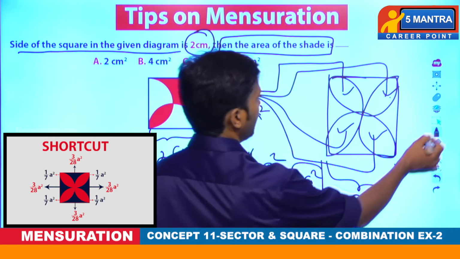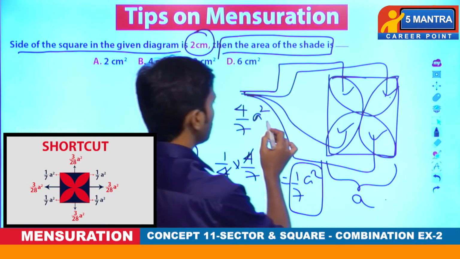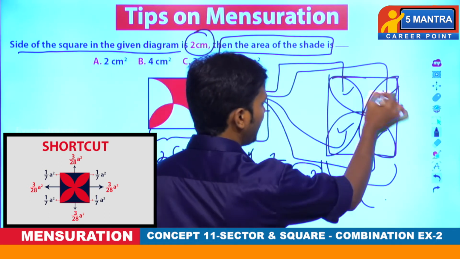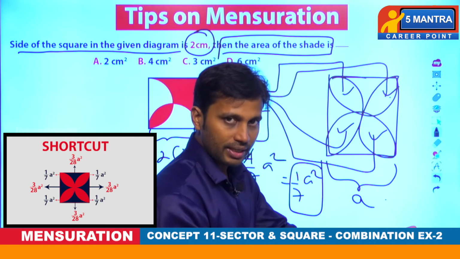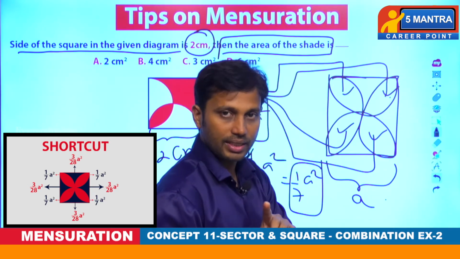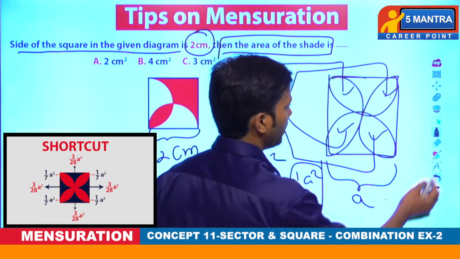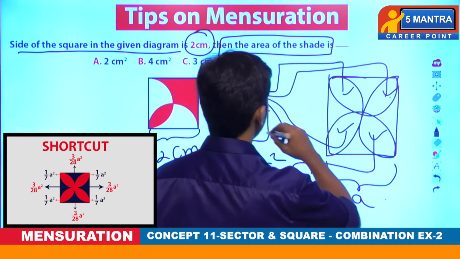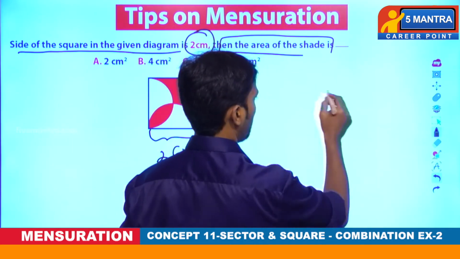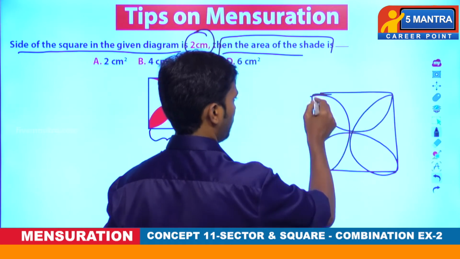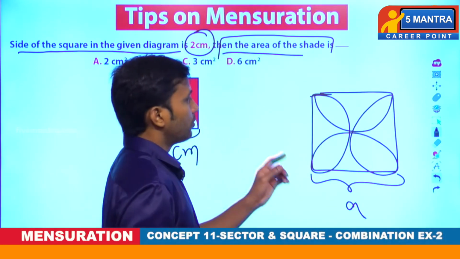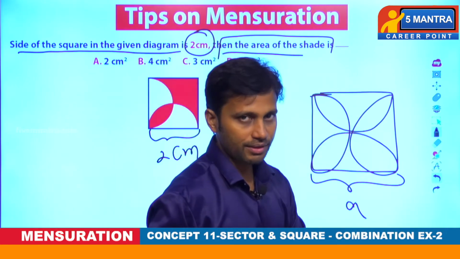So now let's have a look at this. The flower area is 4 by 7 a square, and when divided into 4 equal parts, each part occupies 1 by 7 a square. Let us represent them on the diagram. If the side is a, then the total flower shaped area is 4 by 7 a square.